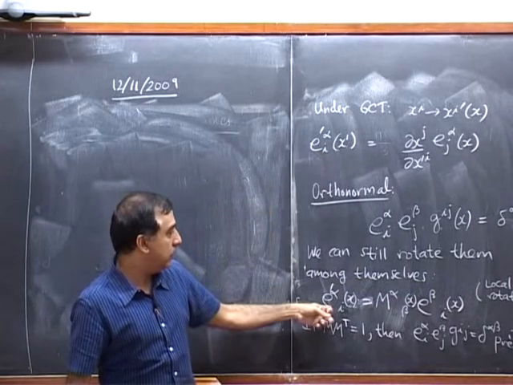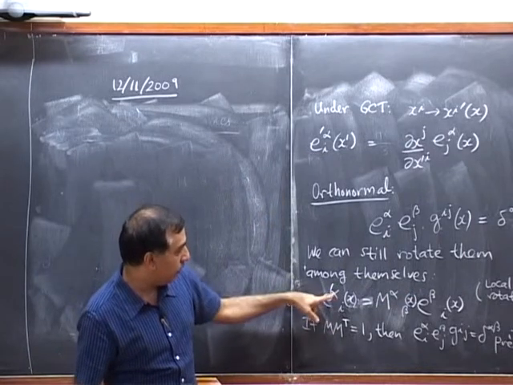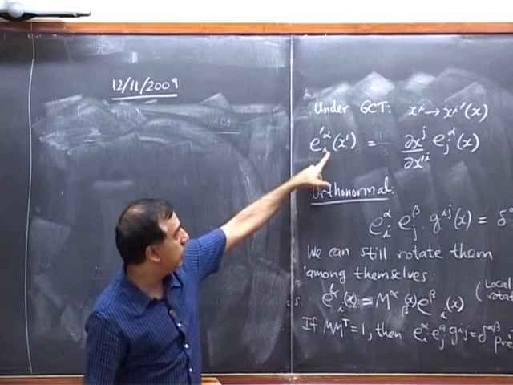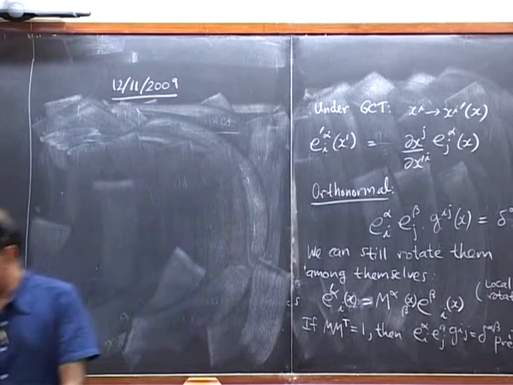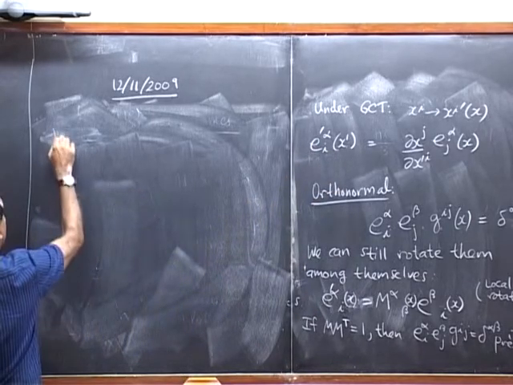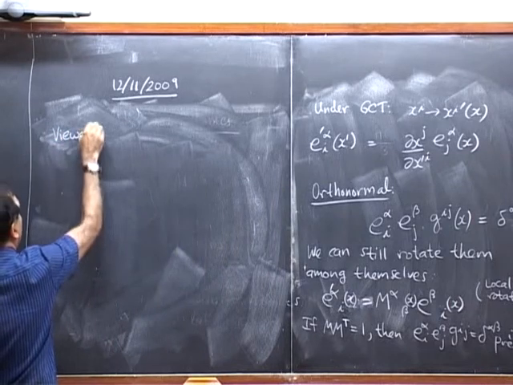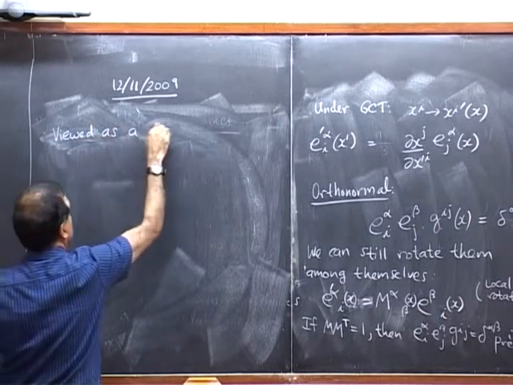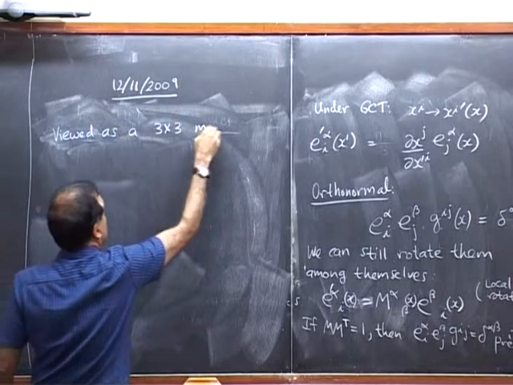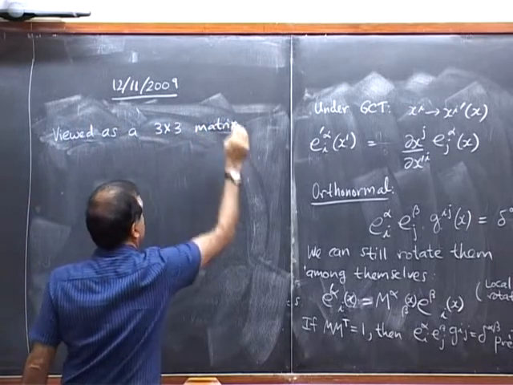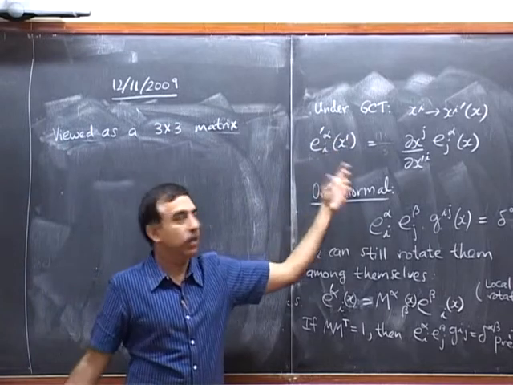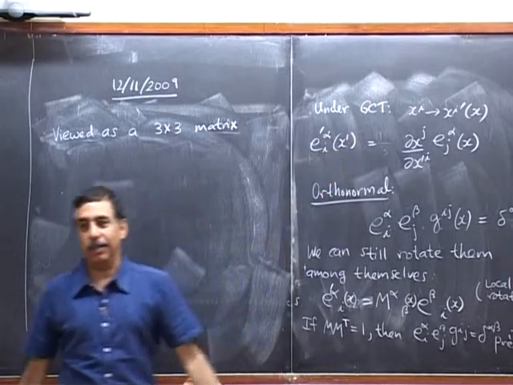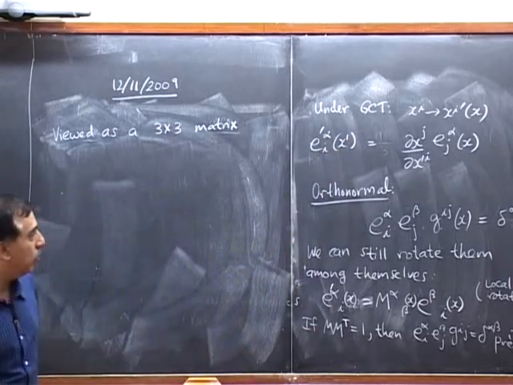If you want, this is the one which is primed with respect to the upper index, and this one is primed with respect to the lower index. Now, viewed as a 3 by 3 matrix, of course, it's quite surprising that we should view it that way because it's really 3 vectors, but it has two indices alpha and I, so it's a 3 by 3 matrix, whether you like it or not.